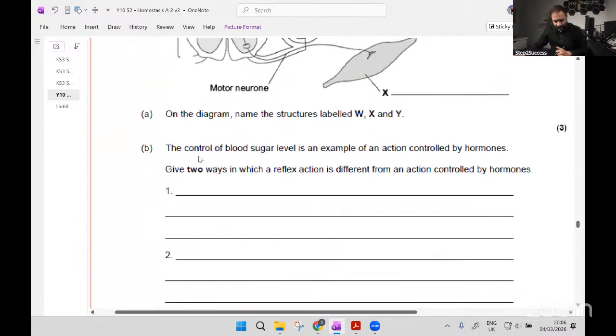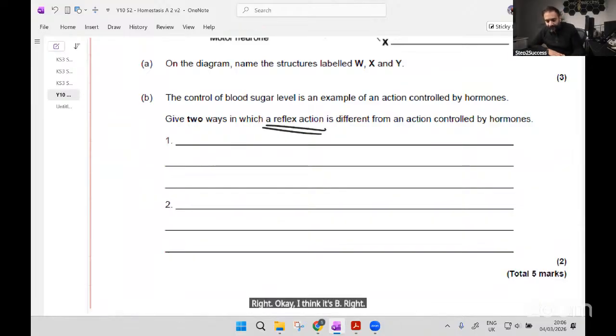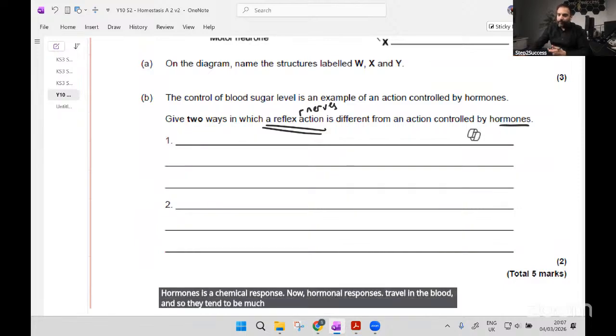Right, 6B. Reflex actions involve nerves. Hormones is a chemical response. Now, hormonal responses travel in the blood, and so they tend to be much slower. So you want to say that a reflex action is much faster.